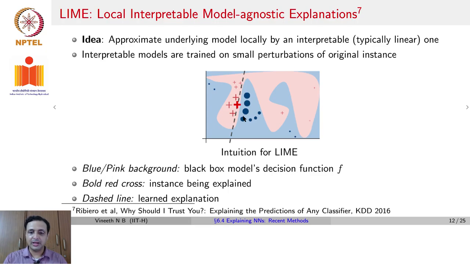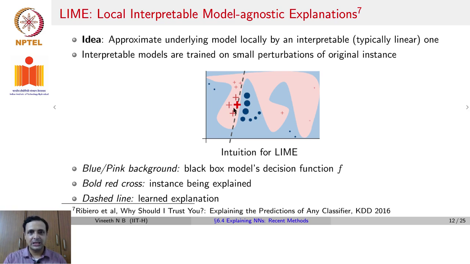The way it is learned is to take this bold red cross, which is a given image, and construct a few perturbations of the image. So you could take an image, occlude a part of it, occlude a segment of it, occlude an object in it, whatever it may be. These are different kinds of perturbations that you construct around the image.